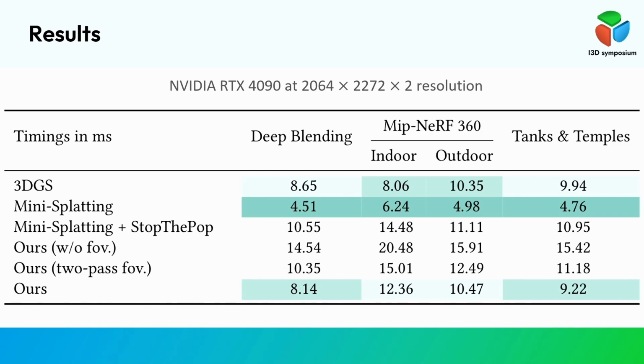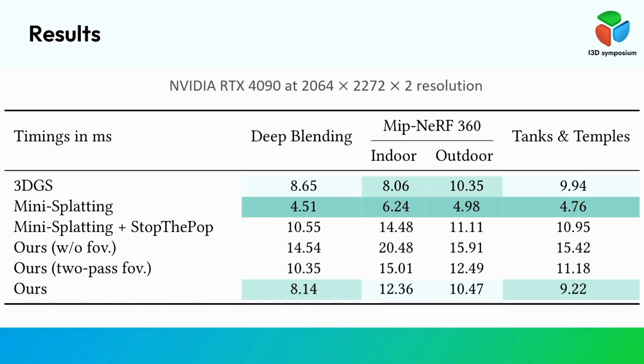And Mini-Splatting suffers from the same problem, but it still accelerates the rendering process. With StopThePop and optimal projection integrated, it resolves almost all of the visual artifacts, but the performance is much worse.